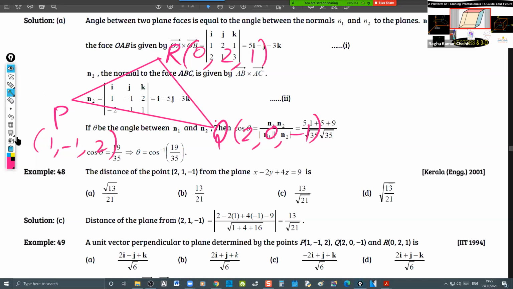That unit vector perpendicular to this plane will be like this, let me say, like this. This is the perpendicular. You have to understand.